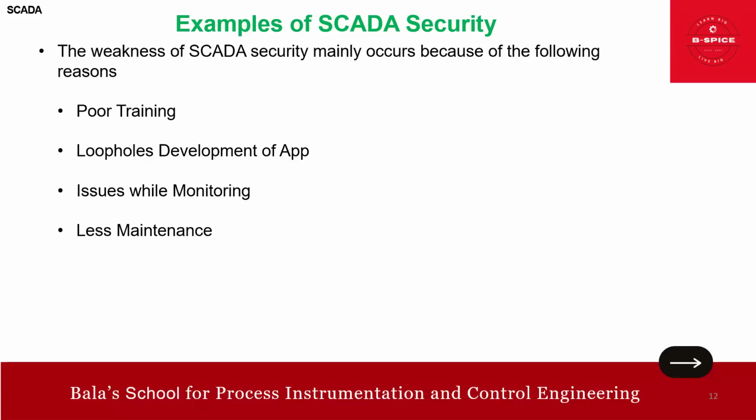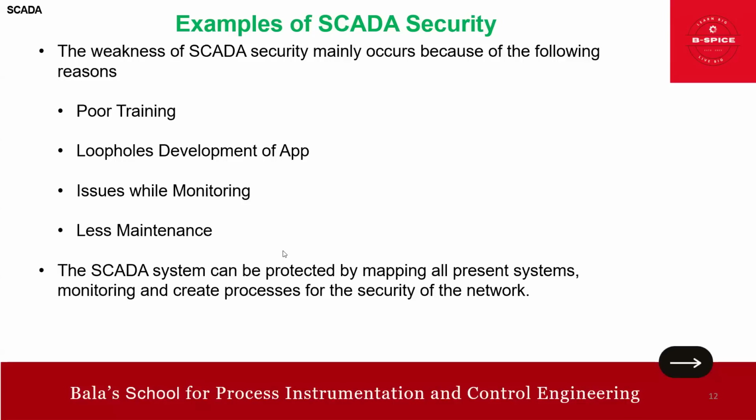These are the main issues and weaknesses of SCADA security. So what can we do? The SCADA system can be protected by mapping all present systems, monitoring, and creating processes for the security of the network. With this we can avoid these kinds of security issues. We can protect the SCADA system.